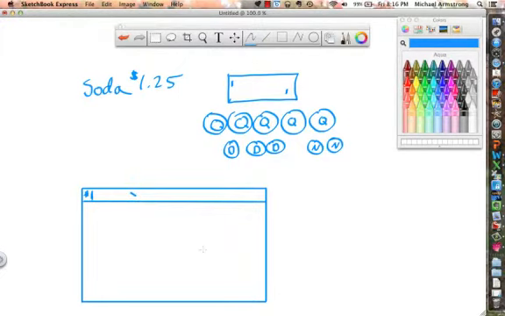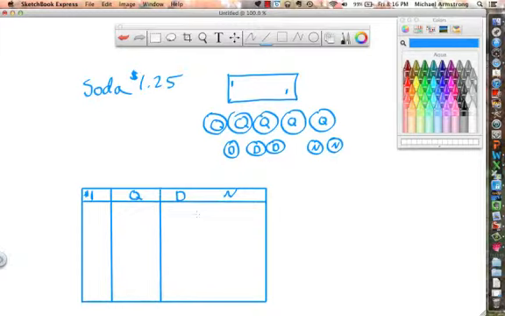Here we go. Quarters, and then our dimes, and then our nickels. And you may be able to tell why I started with $1 and went to quarters, and then dimes, and then nickels.